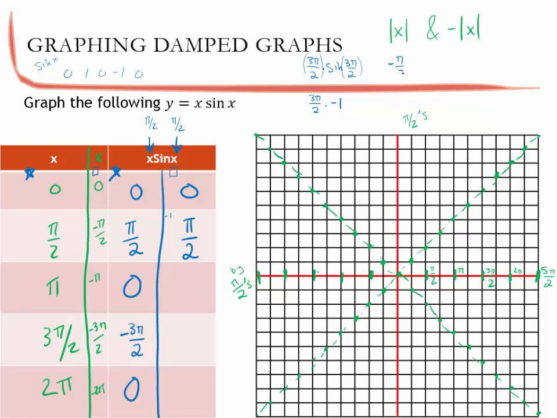Sine of negative pi over 2: I get negative pi over 2 times sine of 3 pi over 2, because I added a period to it, so I'm going to add 2 pi to this to get this. And now we can see that's equal to negative pi over 2 times negative 1, which is pi over 2. Does that make sense now?